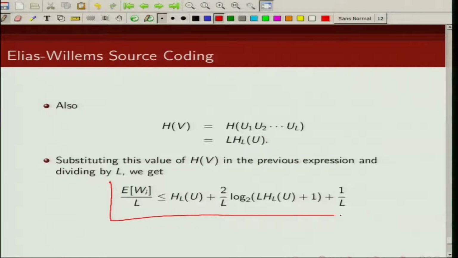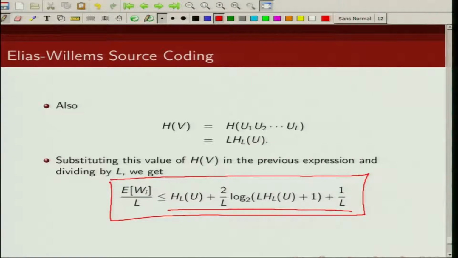If I do this, I get this expression, and I divide by L throughout. I get this expression that expected code word length per input bit is upper bounded by this quantity.